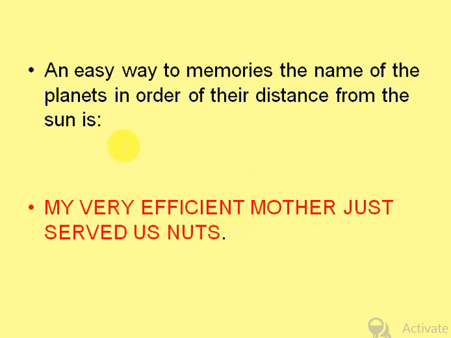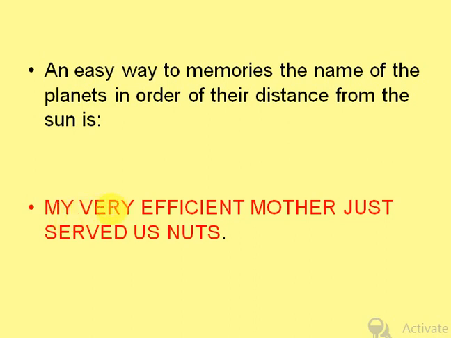It becomes difficult to remember the sequence of the planets. So here is a simple example in front of you, in the form of a sentence: My very efficient mother just served hazelnuts.